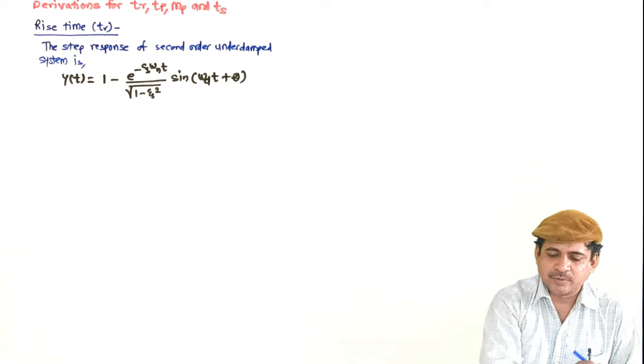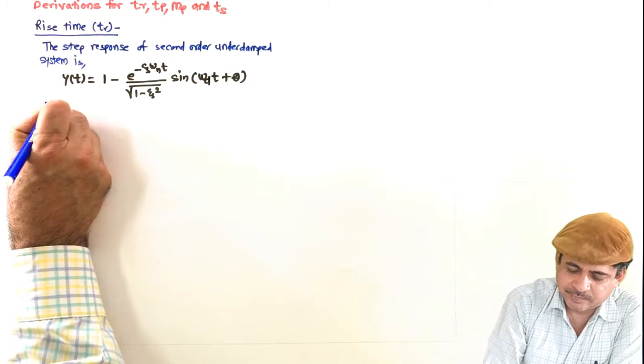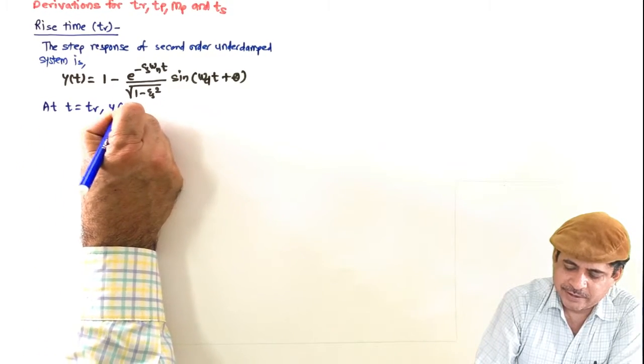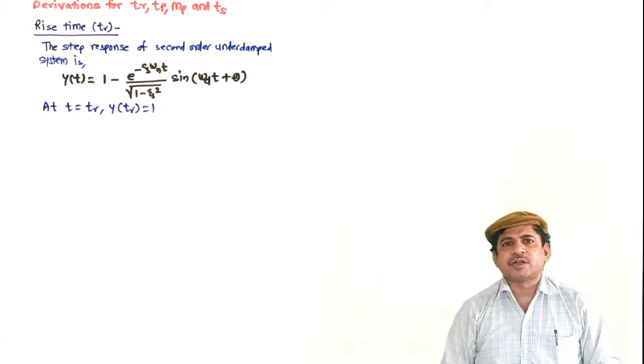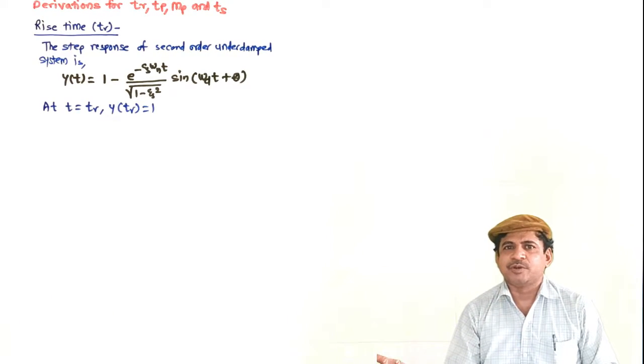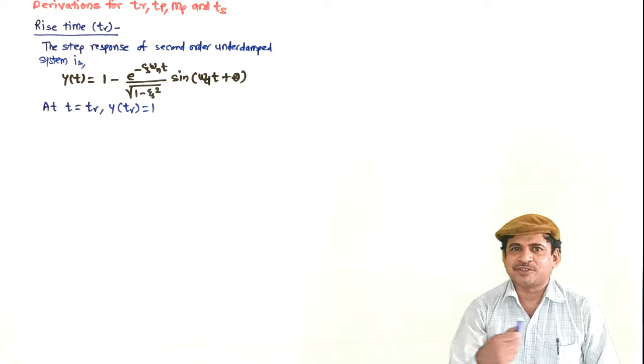Now what do we have at t equal to tr? y of tr equals 1, because rise time is the time taken by the system to reach the final steady state output in the first instance or in the first attempt.